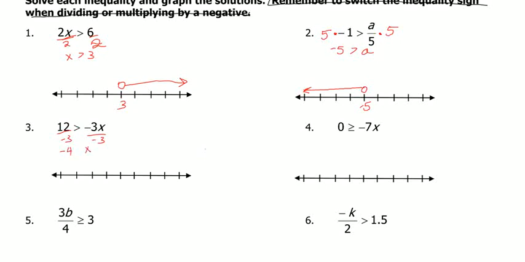Now we need to make sure, since we divided by a negative, we have to flip our sign. Like that. Giving us a negative 4 right there with an open dot, and x needs to be bigger than the negative 4, so it's going to be everything to the right.